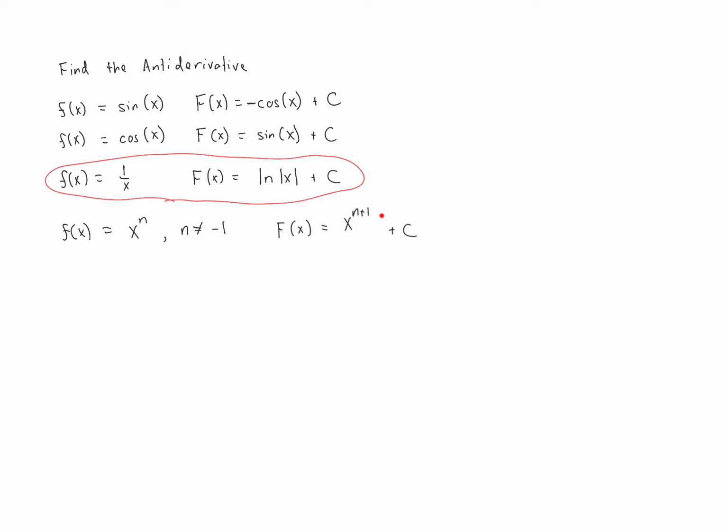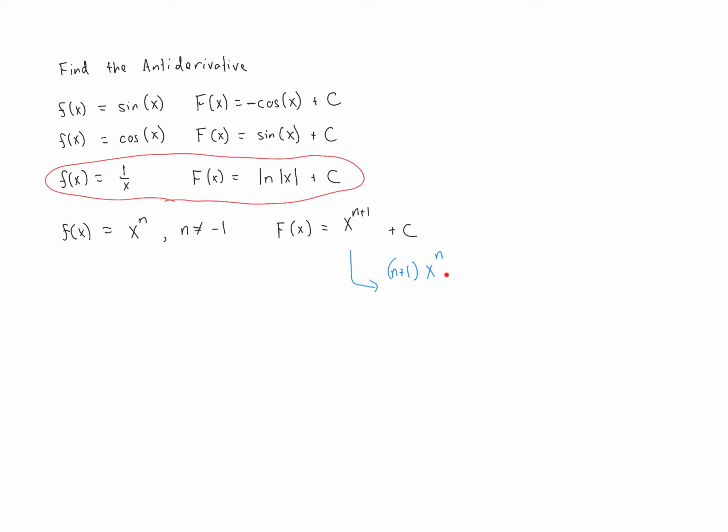If we differentiate x to the n plus 1, that's going to pull the n plus 1 out front and then decrease 1 from the exponent. So if we were to differentiate this, we would get n plus 1 times x to the n, because we would take the exponent out front, and then we would decrease the power by 1, which gets rid of the 1, and we turn into n.